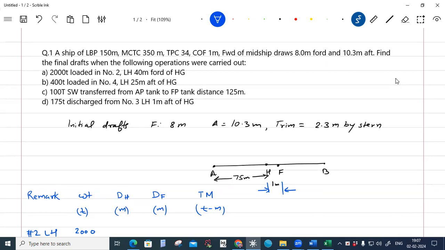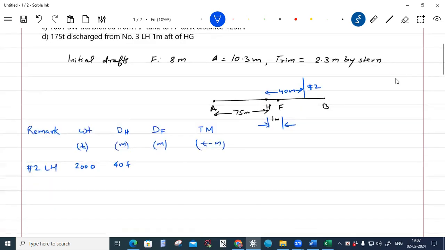Number 2 is here and its distance from here is 40 meter. You can write F for the forward. So what is the distance from center of flotation? 39 forward.